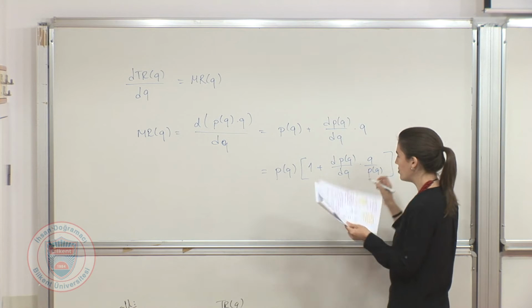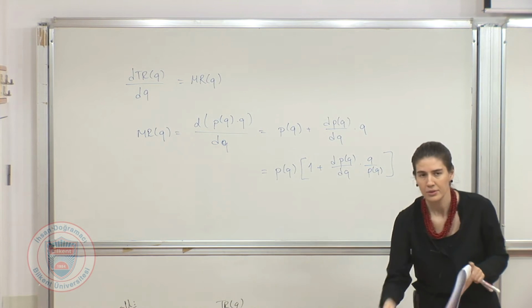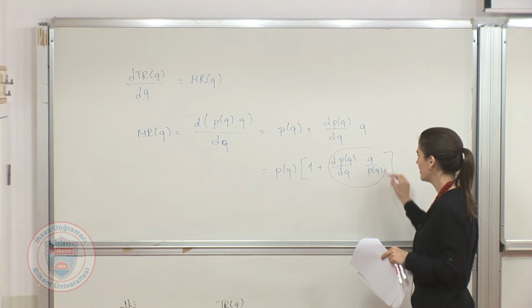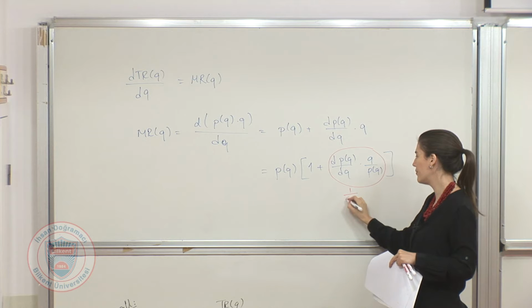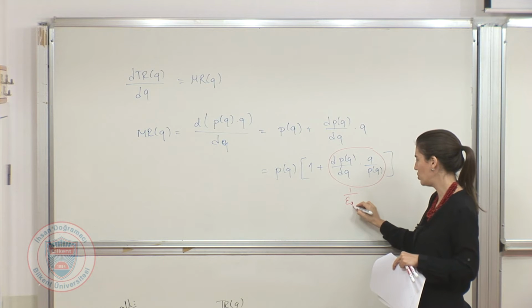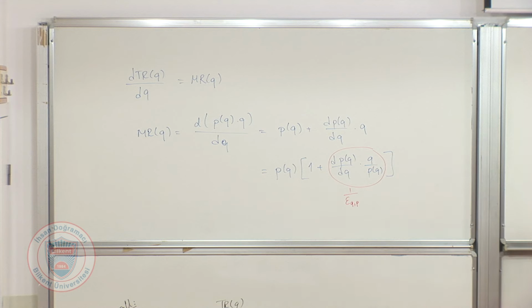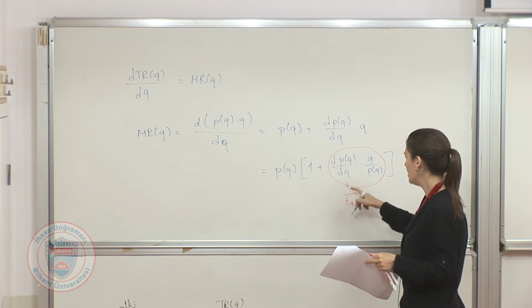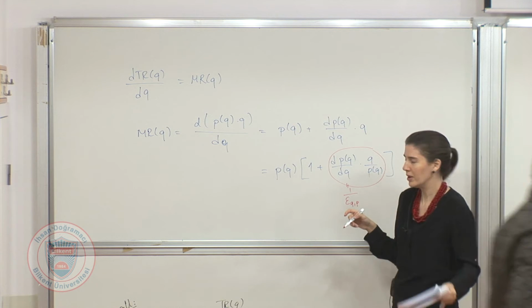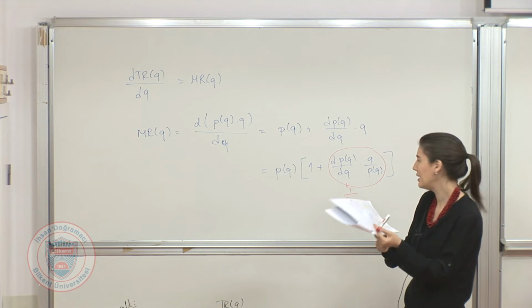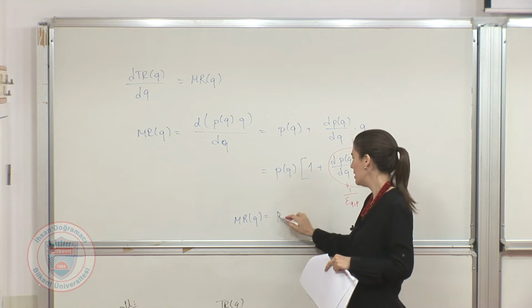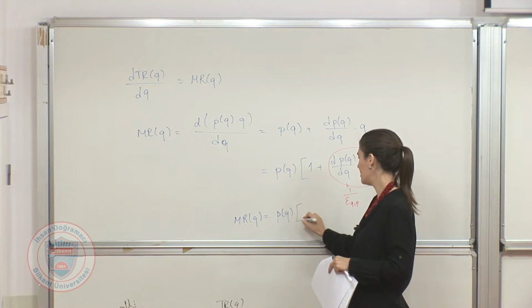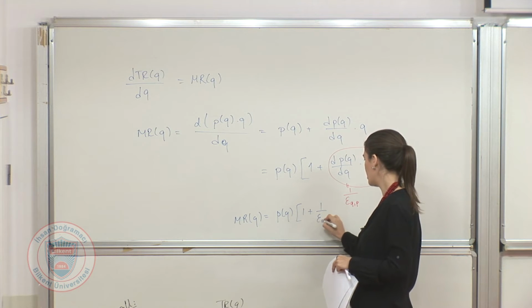And then you told me, Hocam, this looks like what? 1 over elasticity, right? So it looks like elasticity. It's actually 1 over elasticity. So let's put it as elasticity of Q with respect to P. So then it turns out that we can write marginal revenue like this: P(Q) times 1 plus 1 over elasticity.